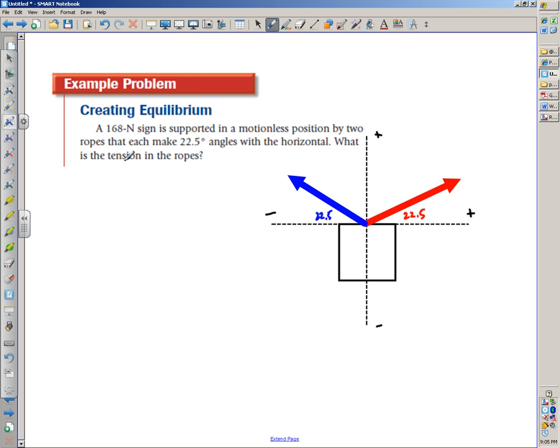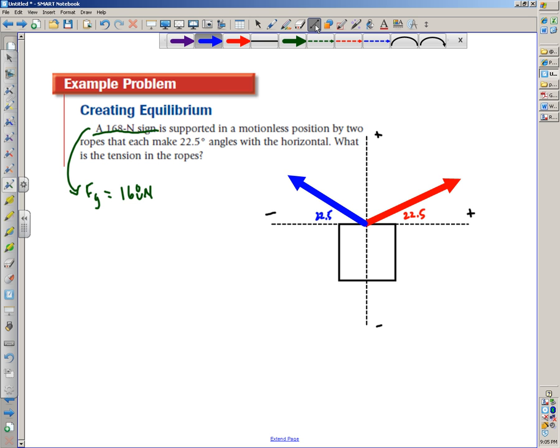There's also a third force. It says a 168 Newton sign. If it's giving us a value for the sign in newtons, that means it's giving us F of g. That's the weight. So the weight of this object is 168 newtons. If we put that on our drawing, weight, gravity, always acts straight down.